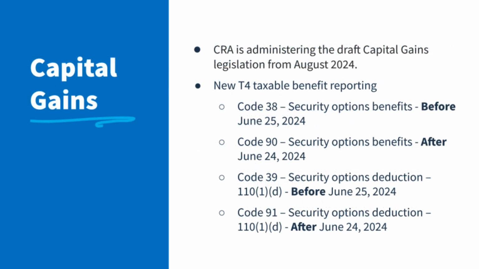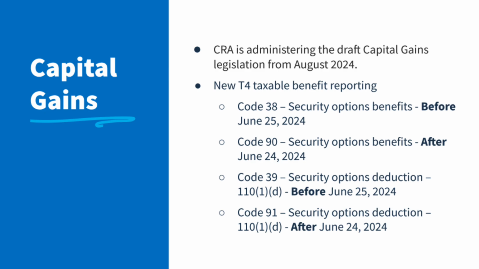Also, some additional new boxes for capital gains. So CRA has an administrative policy that they will be administering the capital gains draft legislation that was released in August of 2024. They've added a number of new reporting boxes so that you can report the realization of certain capital gains or income that triggers capital gains that happened before June 25th and after June 24th.